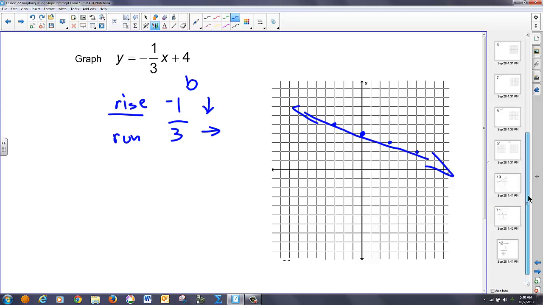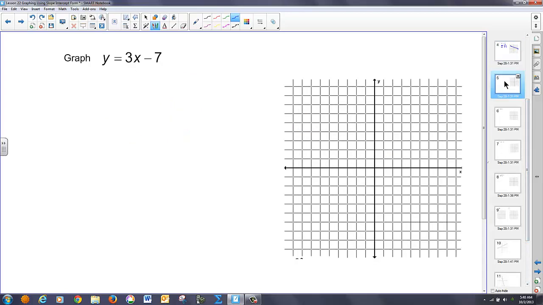So let's move to the next example. In this case, it doesn't look like we have a rise over a run, but we actually do. This is our slope right here, and here's my y-intercept here. My slope in this case, 3, can also be expressed as 3 over 1. So we have our rise here, 3, and our run of 1.